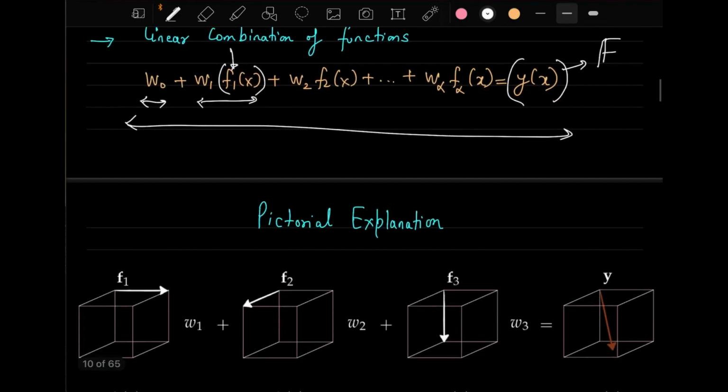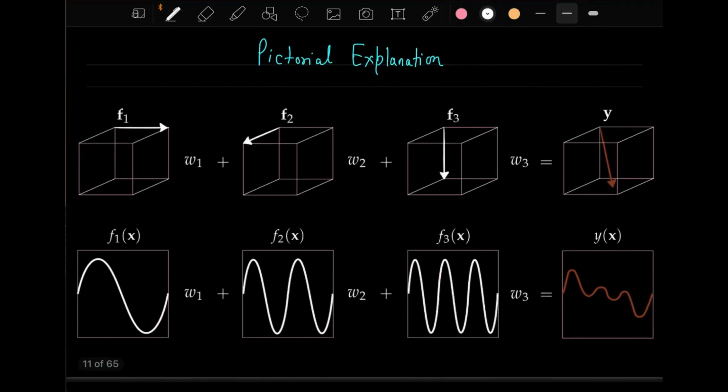If you want to analyze it pictorially, it will be something like this. As you can see, we have a three-dimensional vector, represented in a cube. This three-dimensional vector can be represented in terms of three different basis vectors, f1, f2 and f3. The first is along this dimension, the second along this dimension, and the third along the z dimension, and they are properly weighted by w1, w2 and w3.